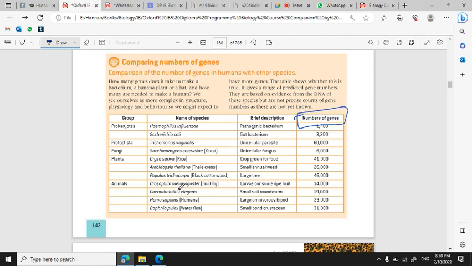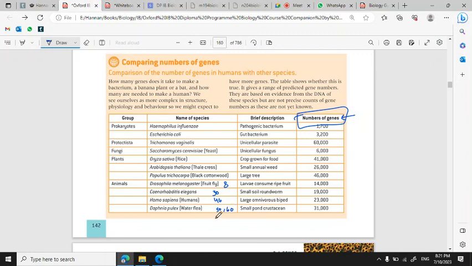Let's just have the discussion about the DNA right now, because this is a discussion of genes. So the total number of DNA molecules present in the Drosophila, which in common words is called the fruit fly, is 8. In Caenorhabditis elegans, this may be containing, I think, up to 30 or 40 DNA. Homo sapiens contain 46 DNA. Daphnia pulex, I think, possesses 50 or 60 maybe DNA molecules.